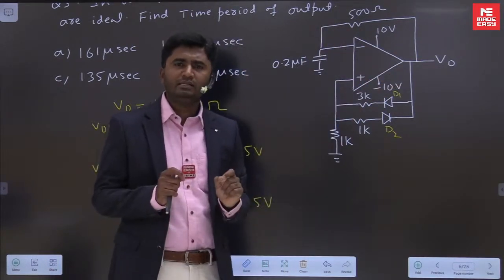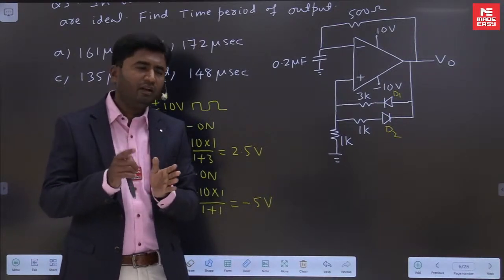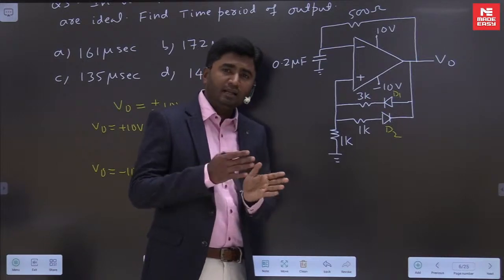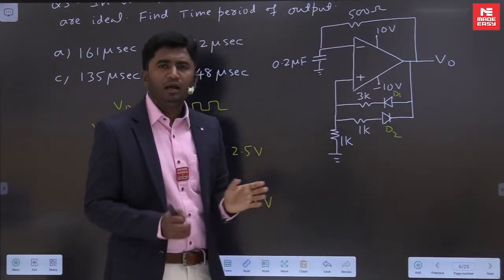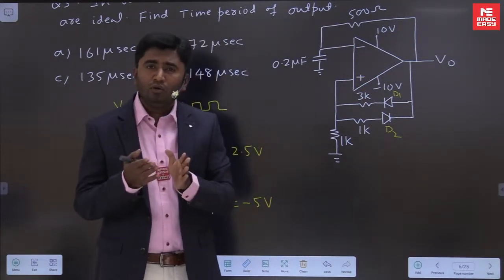Whenever output is plus Vsat the capacitor charges, and when output is minus Vsat it discharges. Capacitor voltage varies between upper threshold and lower threshold.